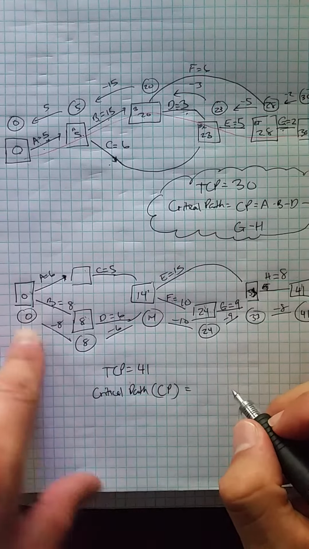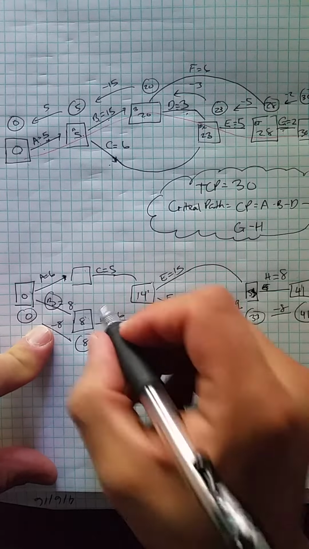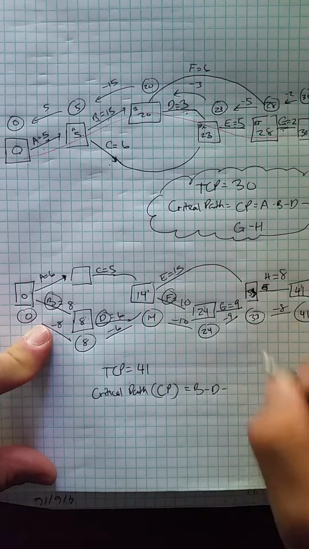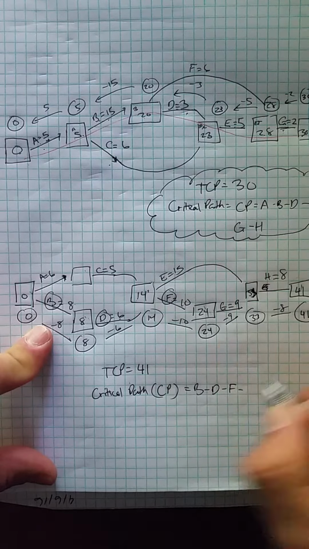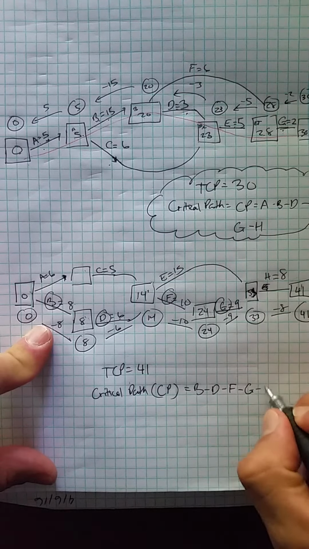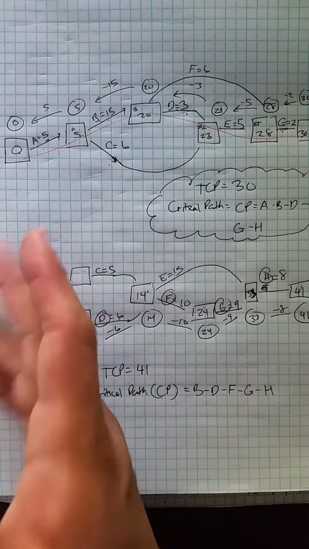So our critical path will be B, D, F, G, and H. All right guys, well, that's all I have.